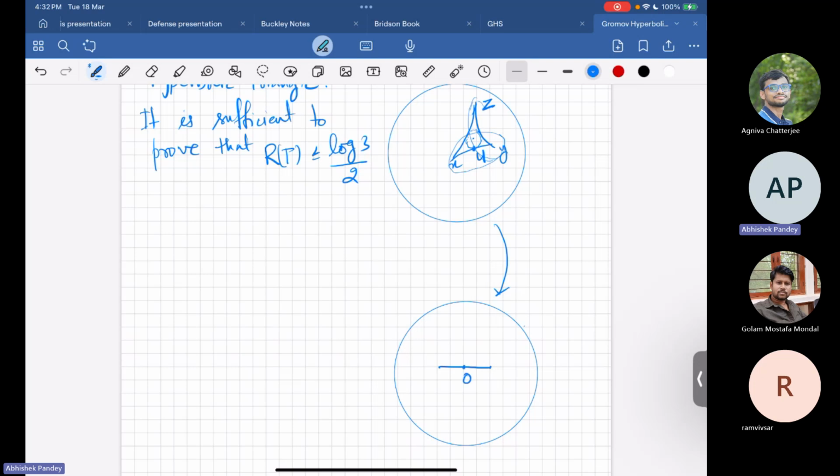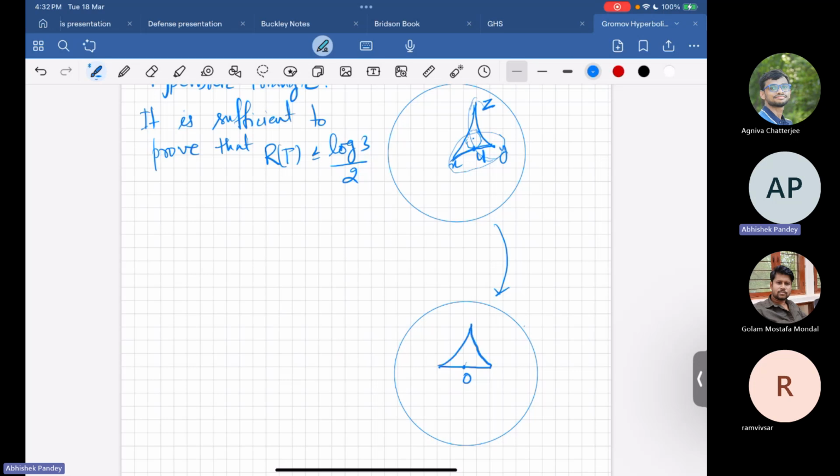Since this is a conformal automorphism, it will preserve the geodesic, so this geodesic will be mapped to this geodesic. That geodesic has to pass through the origin, which means it has to be a straight line. It can be like this, but then again we will rotate it.